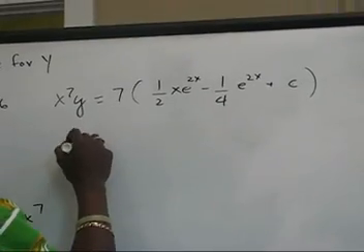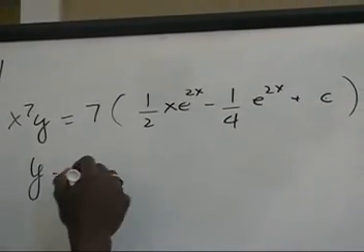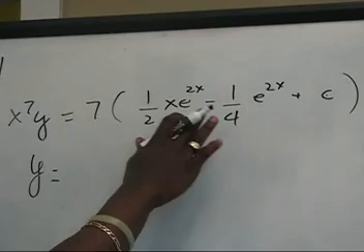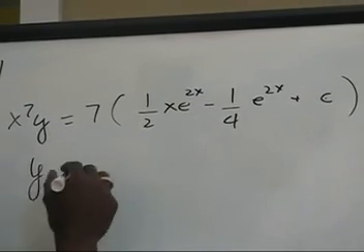So our y would be everything divided by x to the 7, right?